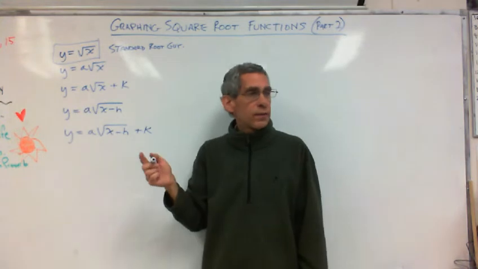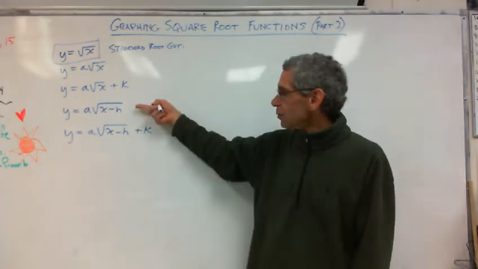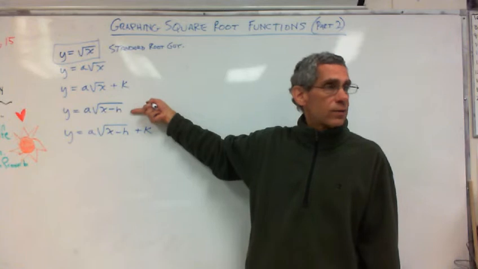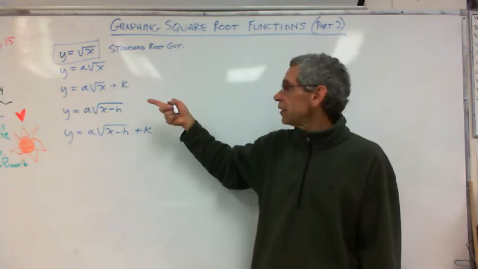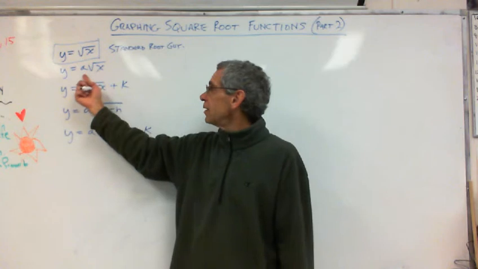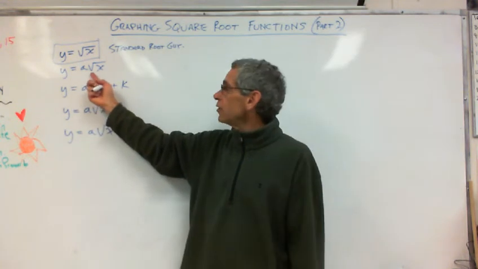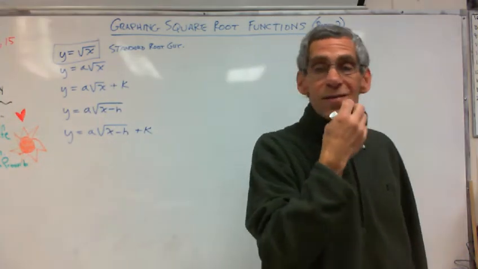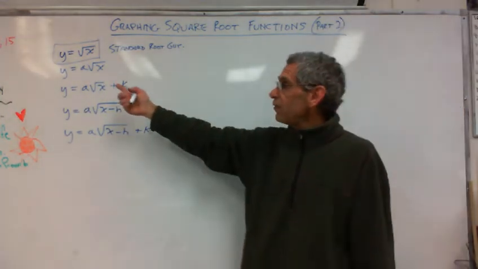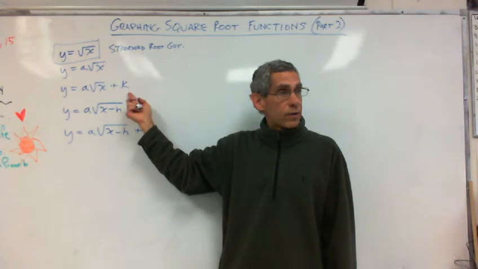That's not totally true. You're going to see soon, as we move into this one, that suddenly we've got something different. It's not really always your y-intercept, but it is as long as you have just the plain square root of x. Even if a is there, that's fine. Then this will be your y-intercept.